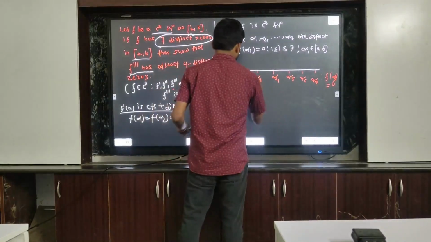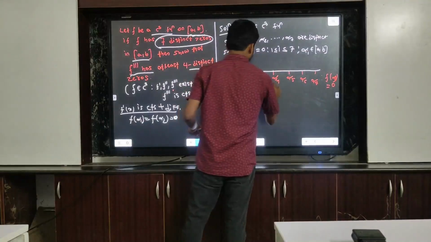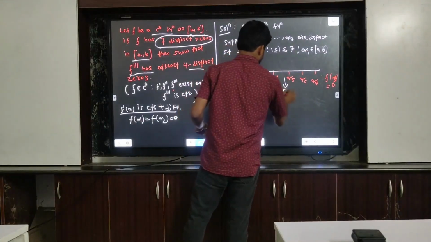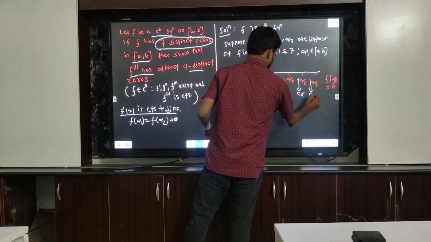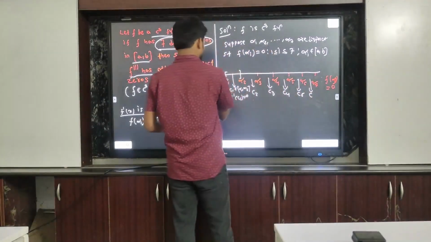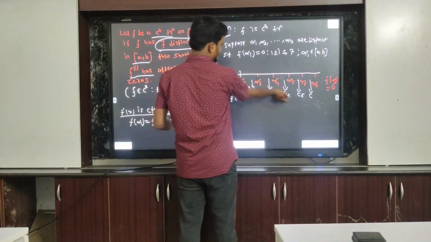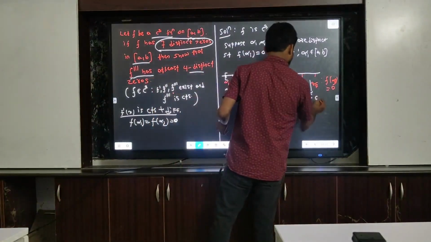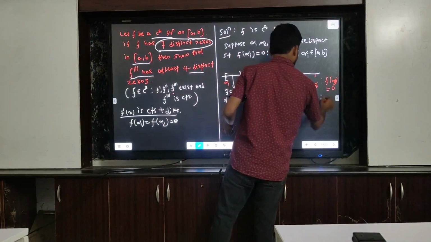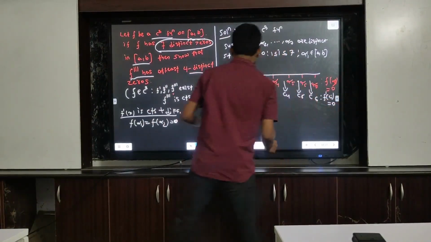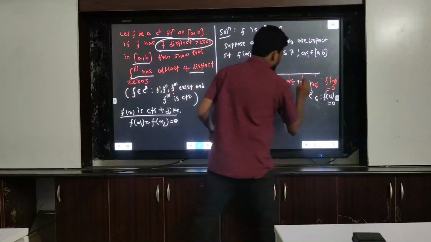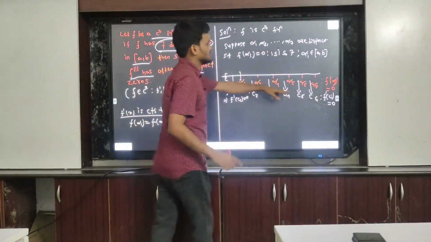Similarly, here also there exists C2, here also C3, C4, C5, C6. Here f dash of Ci is equal to 0. So what we observe, f dash has how many roots? 6 distinct roots.